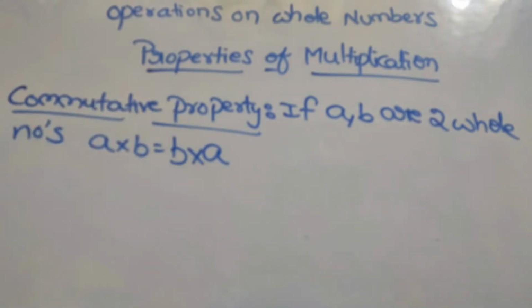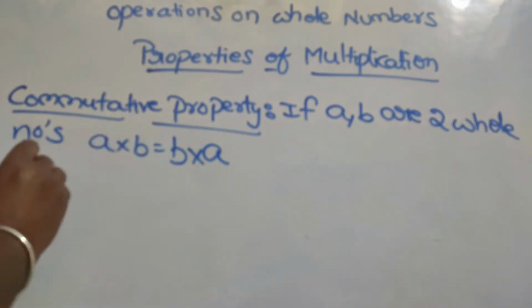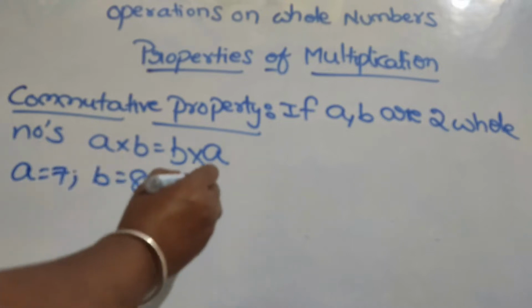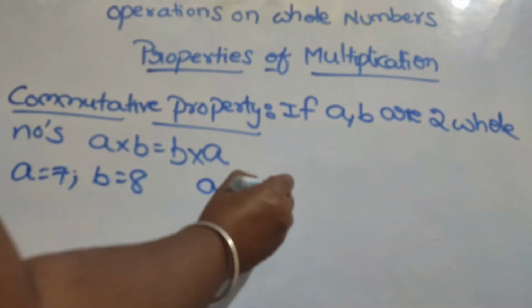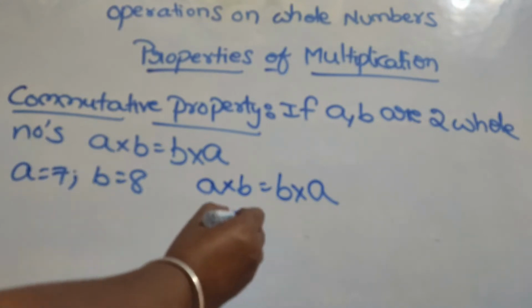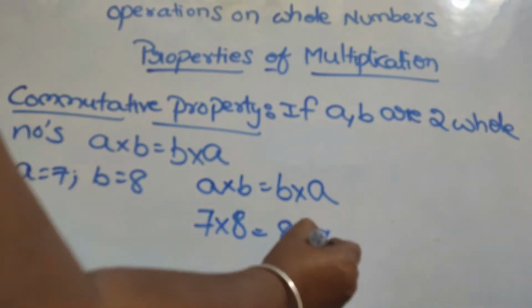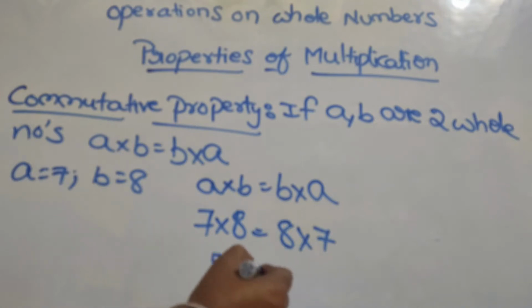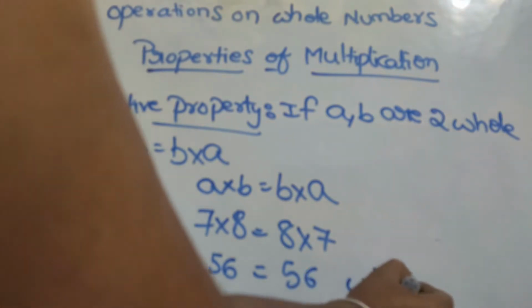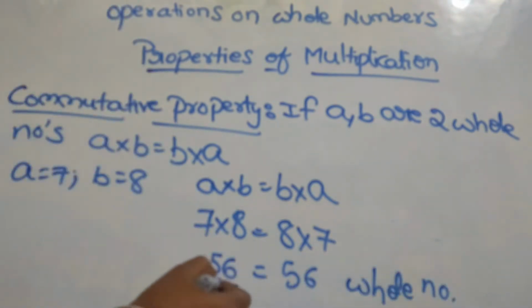This is called the commutative property. If a is equal to 7, b is equal to 8, a into b is equal to b into a, which is 7 into 8 is equal to 8 into 7. 7 8s are 56, 8 7s are 56. 56 is also a whole number and both are the same value. This is called the commutative property under multiplication.